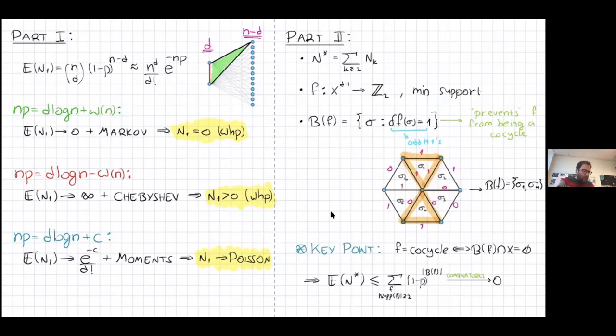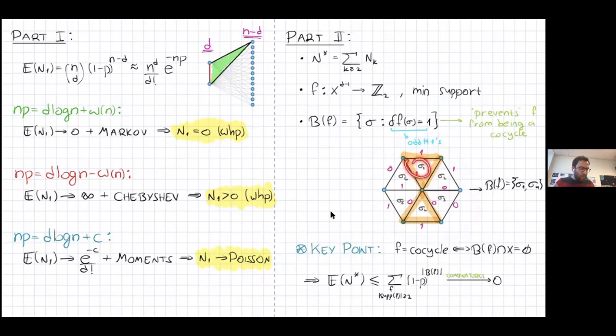And now, why do we care about this B of f? The point is that we want to check whether f is a co-cycle or not. And I remind you, a co-cycle means that the co-boundary is 0. If I'm taking this particular f in this example, and if sigma 1, for example, will be in my complex, right? The sigmas are the random parts in my complex, the ones I generate with probability p.